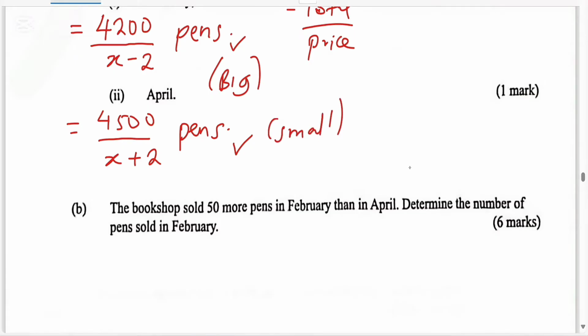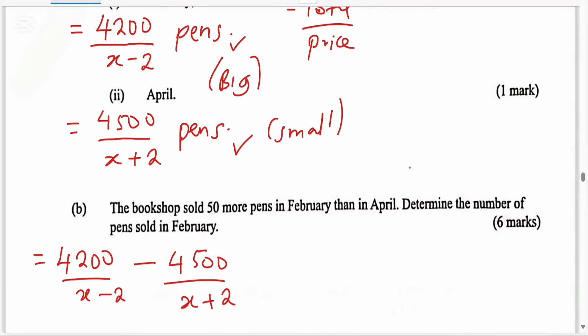So usually kama unataka kupata equation, wachukua ile big, and your big amount of pens ni hiyo 4,200 divide by X minus 2, hiyo ndo month of February, wa subtract na ile ambayo iliuzwa in the month of April, which is 4,500. Usikoroge sasa. Divide by X plus 2.